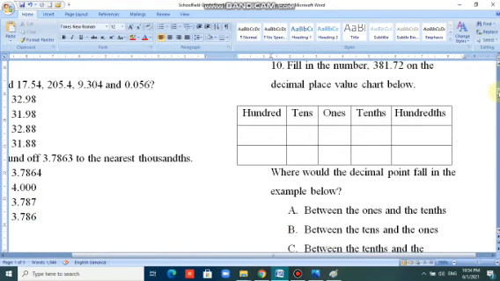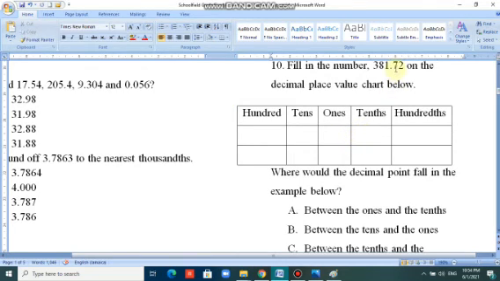The last multiple choice question, number 10. It says fill in the number 381.72 on the decimal place value chart below. So the 3 will be here because it's 300. The 8 will be here because it's 8 tens. The 1 will be here because it's ones.